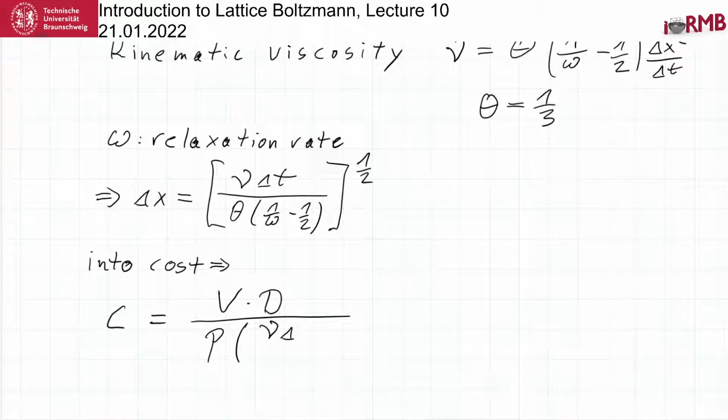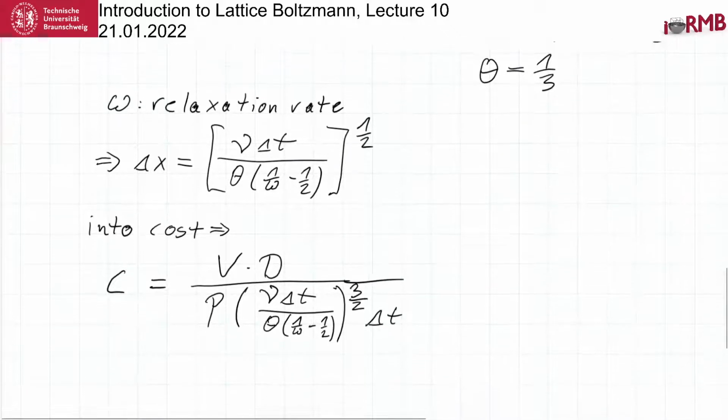This is nu delta t divided by theta times 1 over omega minus 1/2, and all of this goes to the power of 3/2, and this again into delta t.